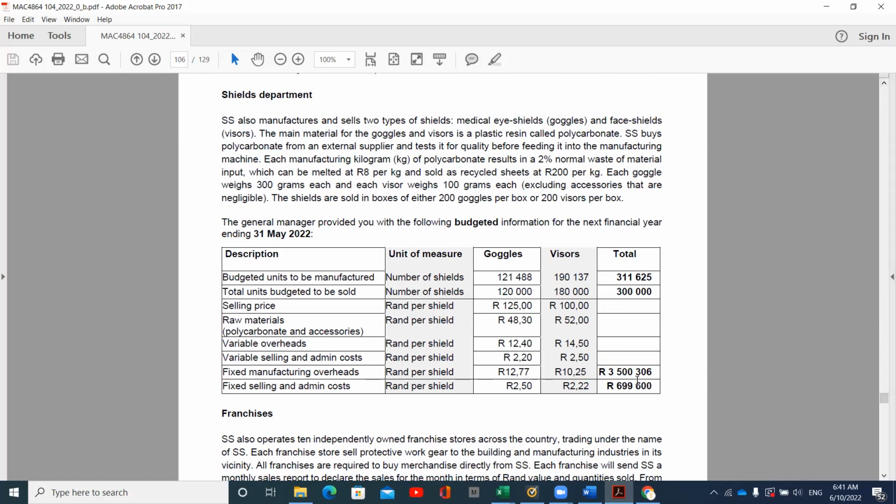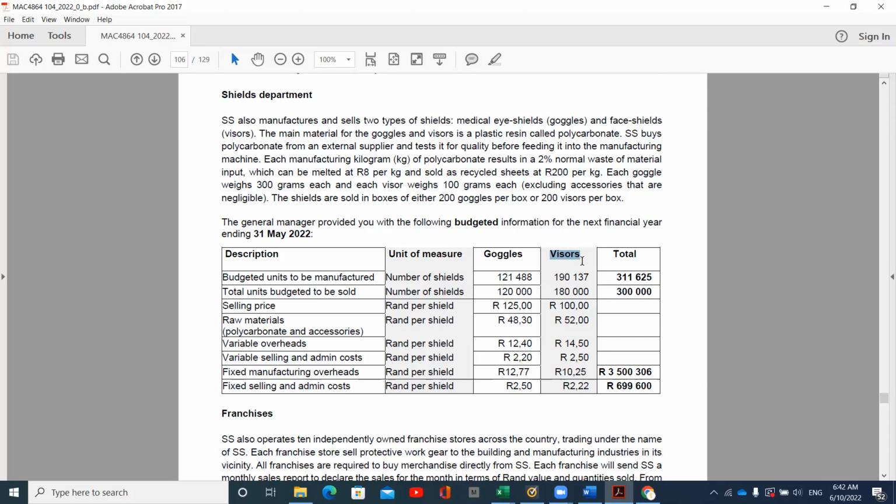Shield department. We must deal with visors. Here is visors. Okay, so you can see visors under the shields department. It says SS also manufactures and sells 2 types of shields: medical eye shields and face shields. So medical eye shield is goggles, face shields is visors. The main material for goggles and visors is a plastic resin called polycarbonate. SS buys polycarbonate from an external supplier and tests it for quality before feeding it into the manufacturing machine.